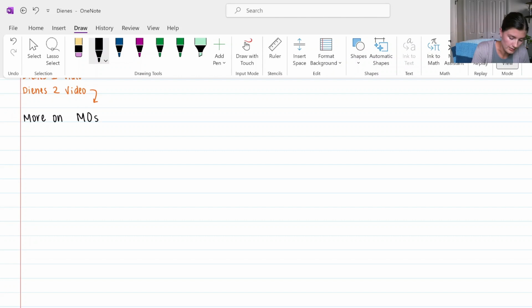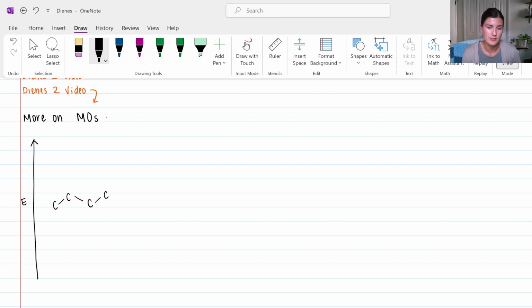So more on MOs, or molecular orbitals. Let's look again at 1,3-butadiene. We'll draw on an energy scale. I'm going to start with just that same structure with the individual p orbitals on the left side, and then on the right side, we'll draw the molecular orbitals.